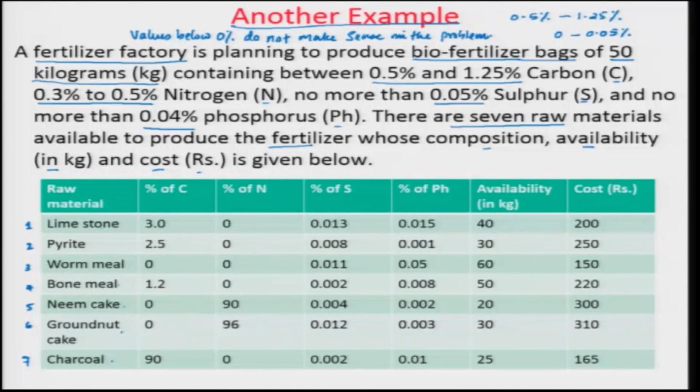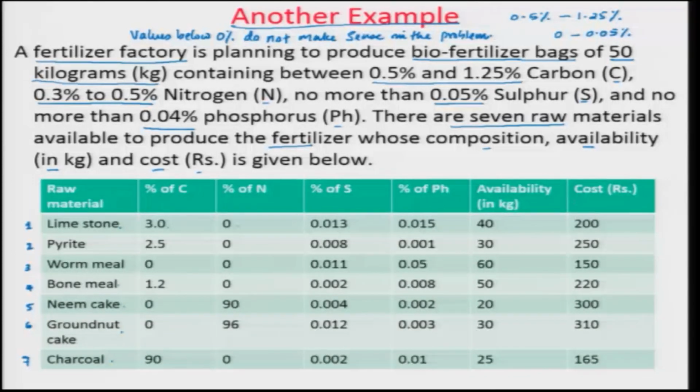The first raw material, limestone, has 3% of carbon in it, 0% of nitrogen, this means absence of nitrogen, 0.013% of sulfur, 0.015% of phosphorus, and 40 kilograms of limestone is available at a cost of rupees 200. So it's 200 per kilogram. You can think about it that way.